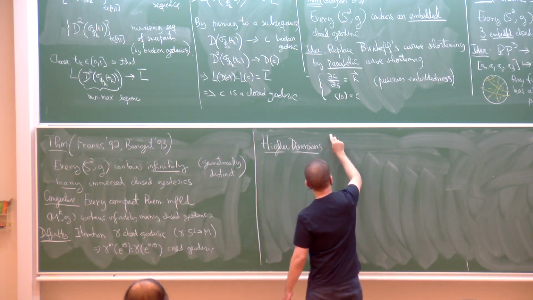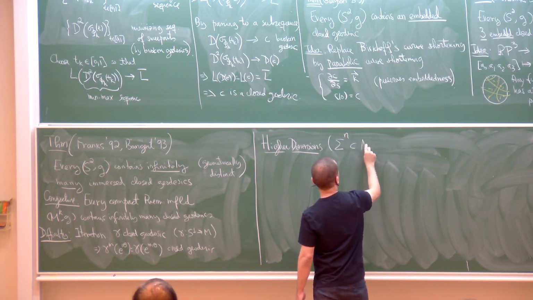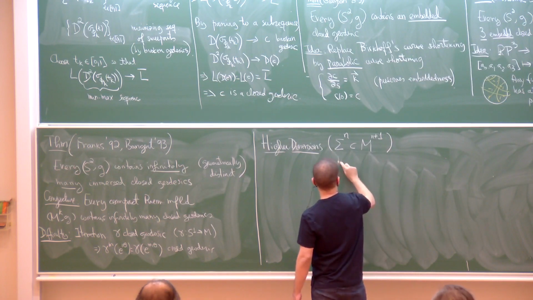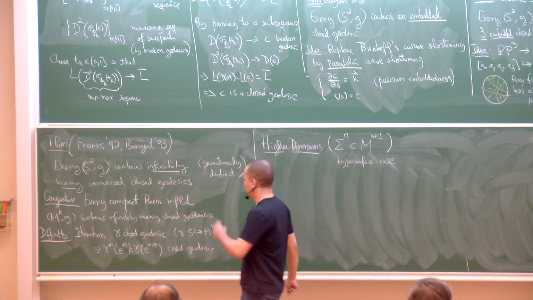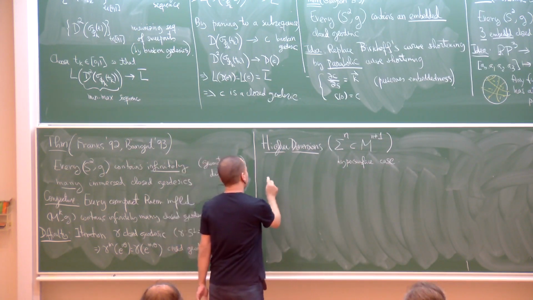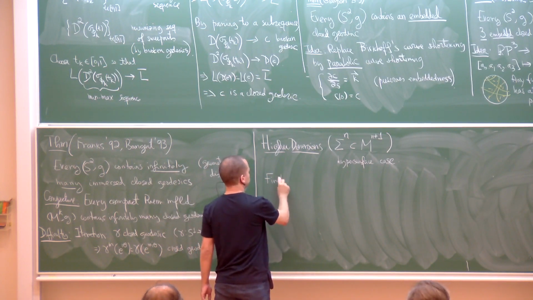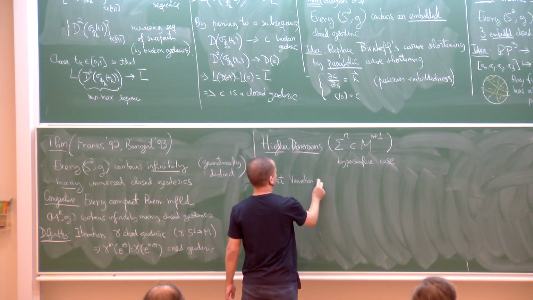And the case I'm interested in is when the object is something of dimension n inside a manifold of dimension n plus 1. So this is the hypersurface case. Okay, so again we have a variational picture. So we have the first variation of area.